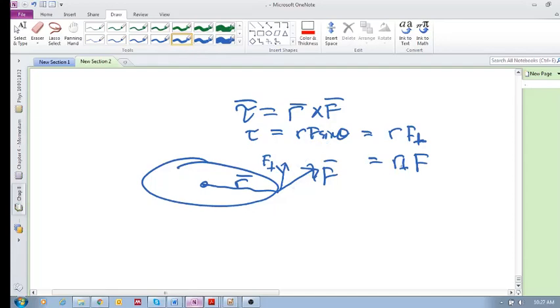It gives you the magnitude, all right? So that's the one thing that I wanted to say. So this is the point, that if your force is at 90 degrees, then the sine of 90 is 1. So you're getting the maximum torque out of that.